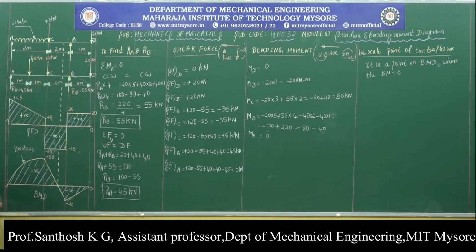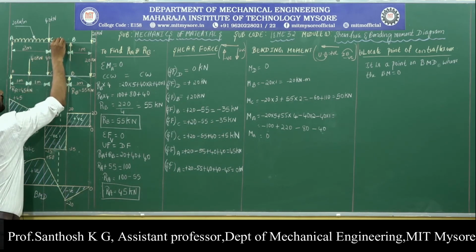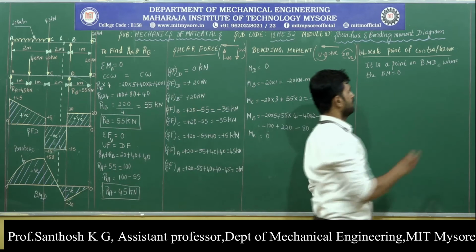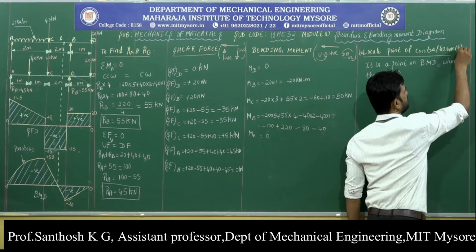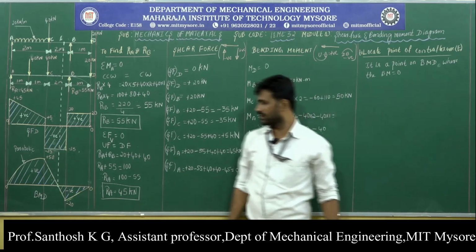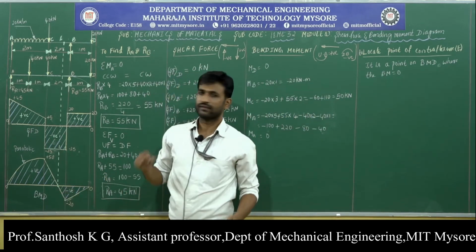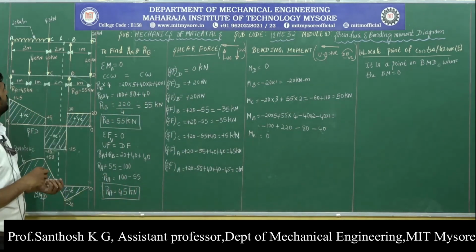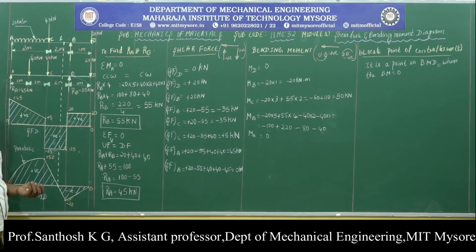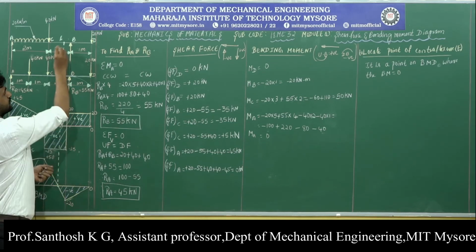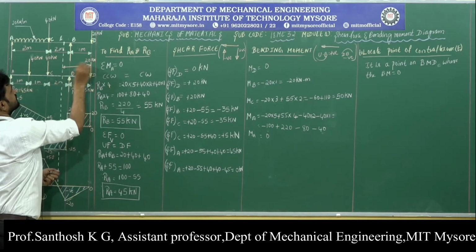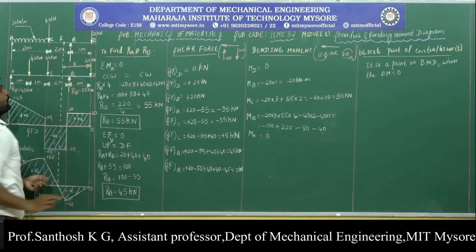So this is the point where we are having 0 bending moment on the beam, and I will call this point as E. So in this given beam, E represents the point of contraflexure. So it is a point where the value of the bending moment is 0. Let us say the point E is at a distance of x from point D.